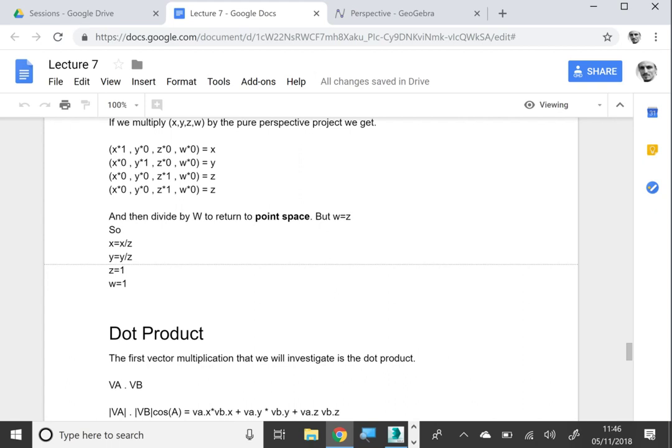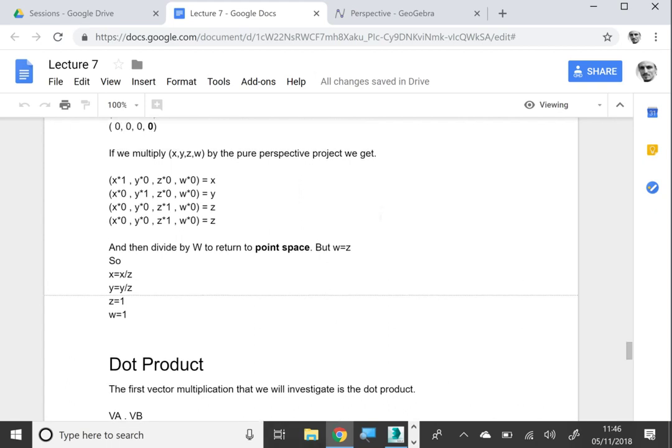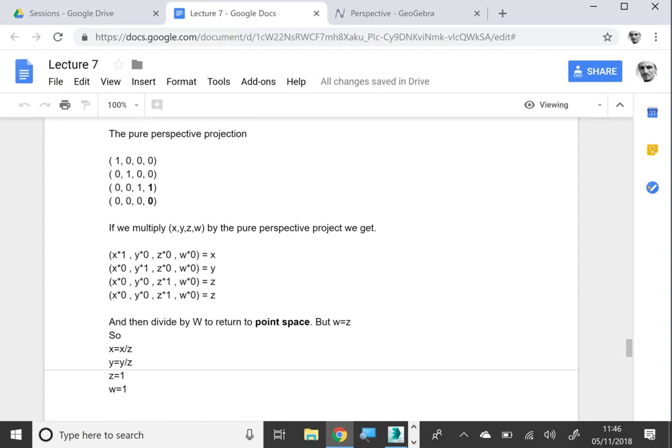But if you want a telephoto lens, you need to tweak that Z value. And if you wanted a wide-angle lens, again, you would tweak the Z value. We're very familiar with changing the field of view in most games, and it's very easy to do. Are there any questions on the homogeneous coordinate?